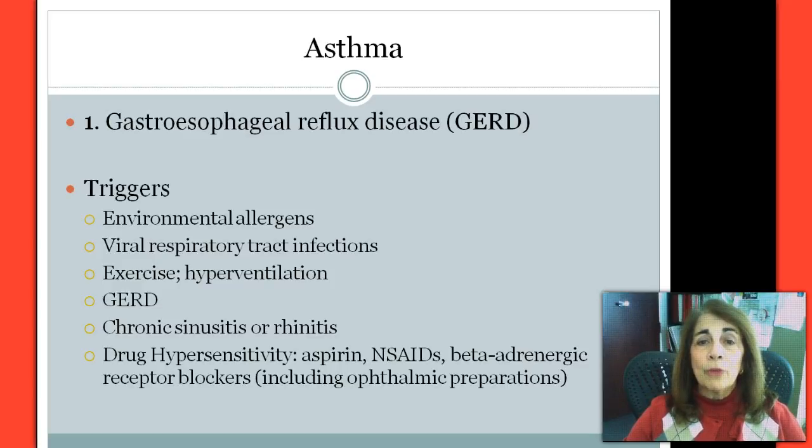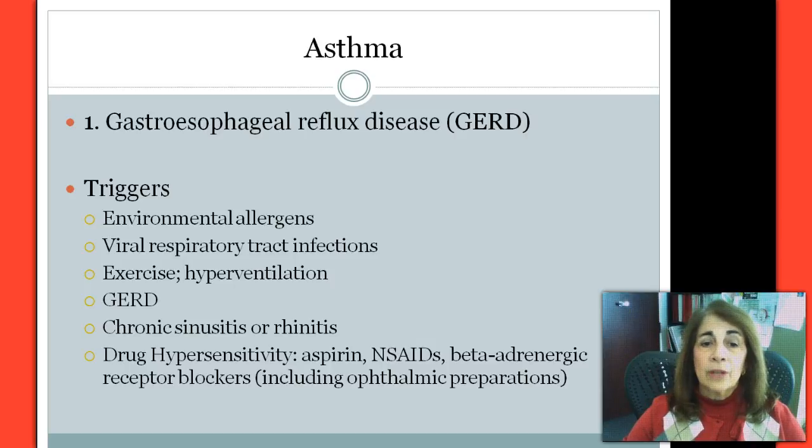You are probably all familiar with many of the triggers of airway hyperreactivity. There are environmental allergens that could be anywhere from a caustic substance in a workplace to plants and pollens. Another trigger is viral respiratory tract infections. There's exercise-induced asthma. Hyperventilation can trigger hyperreactivity of the airways.